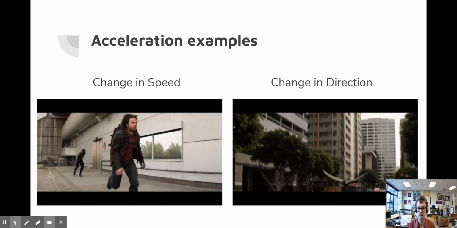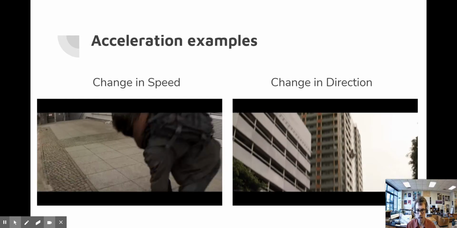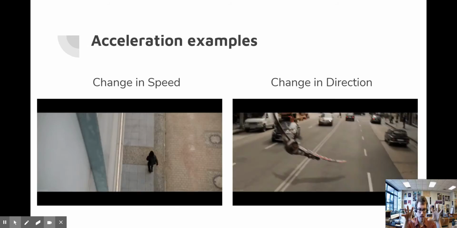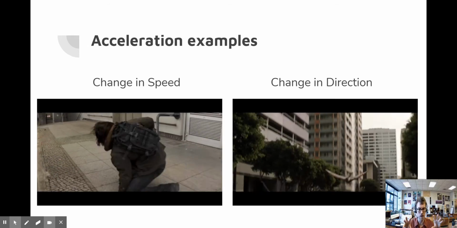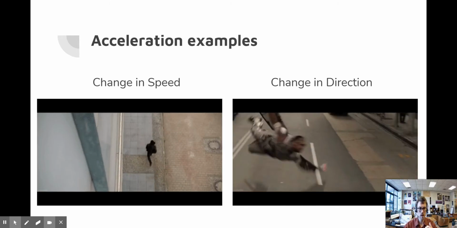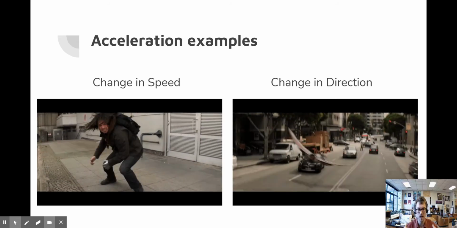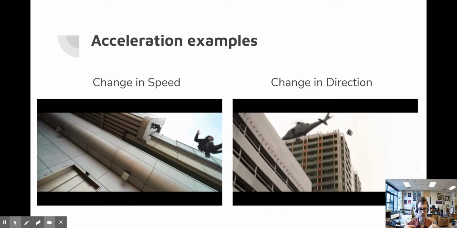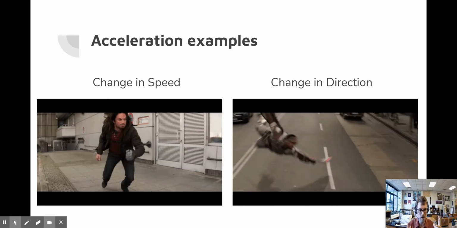Now, let's take a look at some examples. A change in speed, right? So here we've got Winter Soldier and we've got Black Panther, right? Both of them, when they fall to the ground, their speed is zero, right? They're stopped. They're not moving. When they start running, right, they are increasing in speed, right? So they are accelerating. They're moving faster, right? And so that would be an example of acceleration. In our second example, we've got Falcon, right?